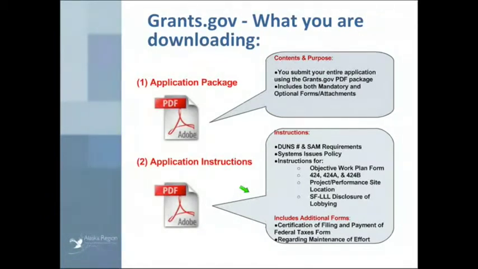If you end up having technical problems with SAM or Grants.gov at the tail end, then this describes ACF's policy with regards to that. It also has additional instructions for some of the other forms and some additional forms as well.